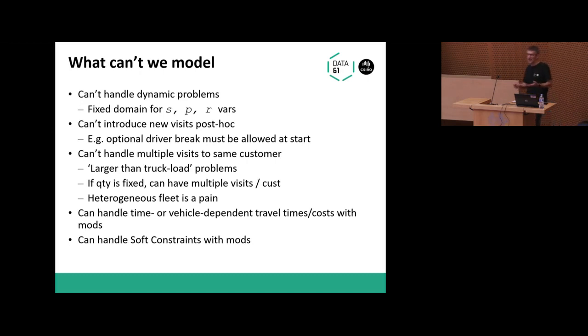And another example is optional driver breaks. So I might have one where I need a break every 2 hours. As soon as the length of my route goes over 2 hours, I need to invent this new visit, which is a driver break, and it doesn't like that either.